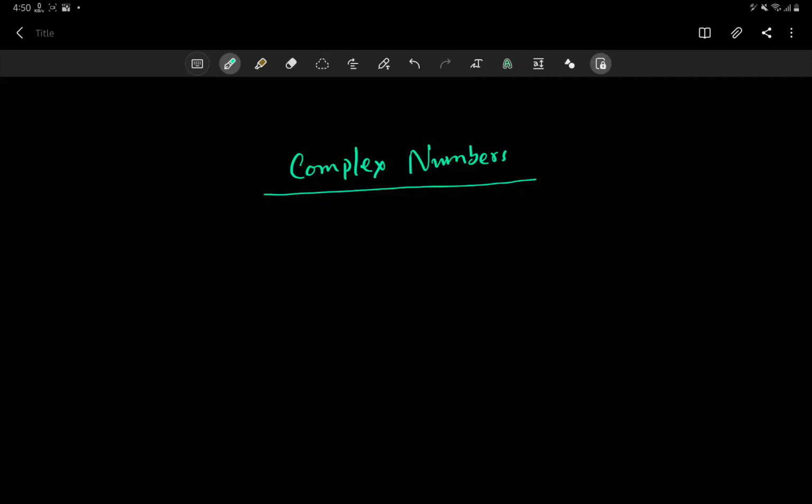So hopefully you have done the review on complex numbers, and now we are going to start how we are going to use complex numbers in AC, in electrical systems.